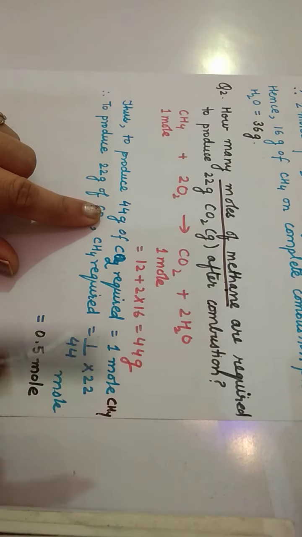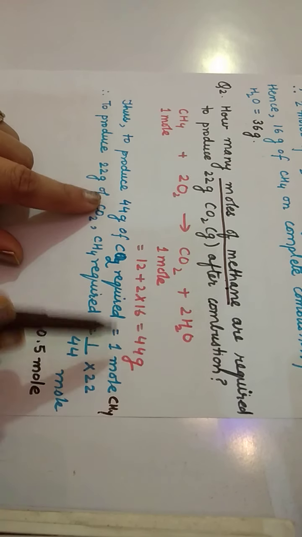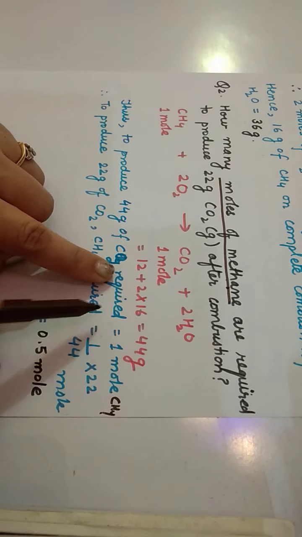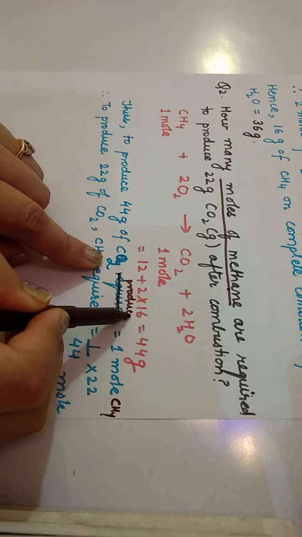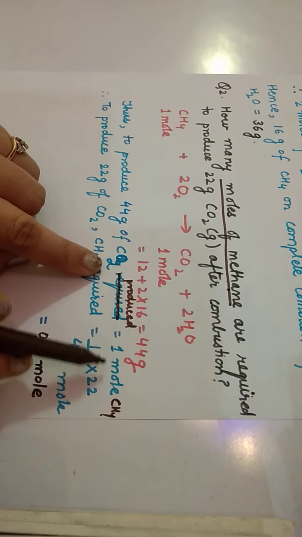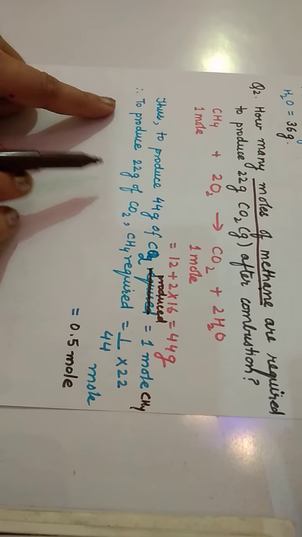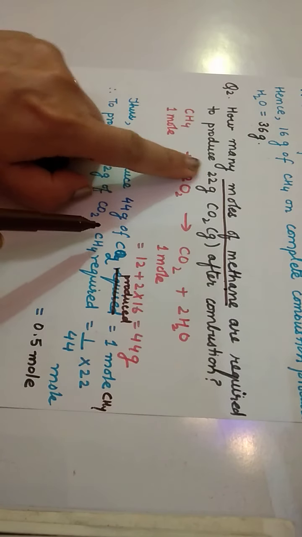So the mole I want on the right side and gram will be written on the left side. Therefore I have written 44 gram of CO2 is produced on combustion of 1 mole of methane. So to produce 22 gram, in the question it is asked.